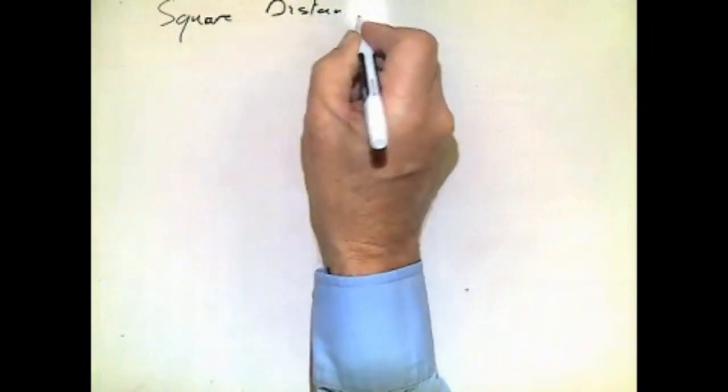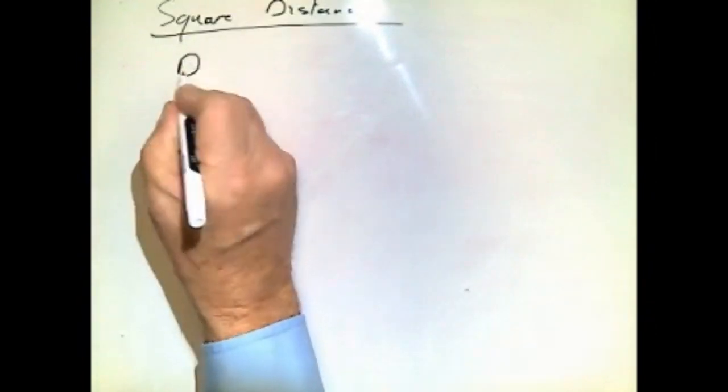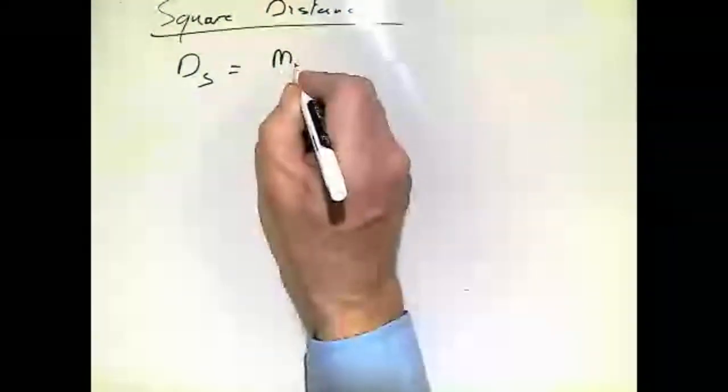Right, I'll give you another approximate distance, and I want to go through this fairly quickly. And this is the square distance. The equation of the square distance is ds is equal to the maximum.